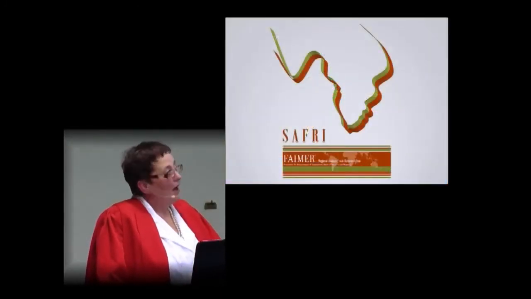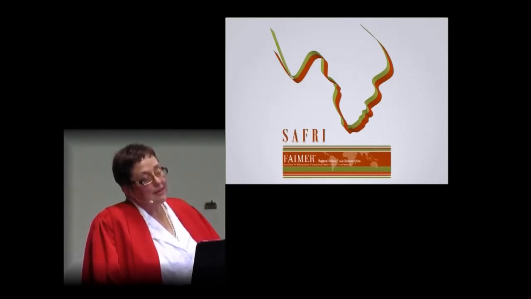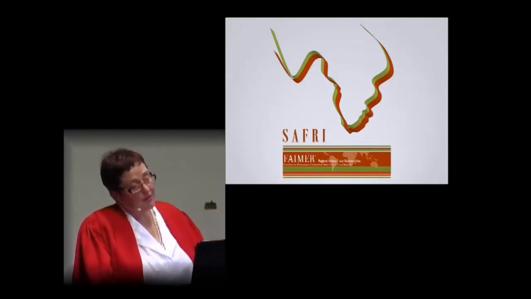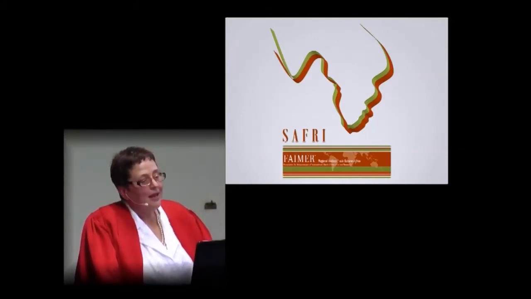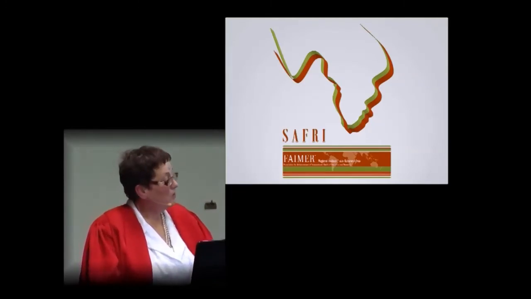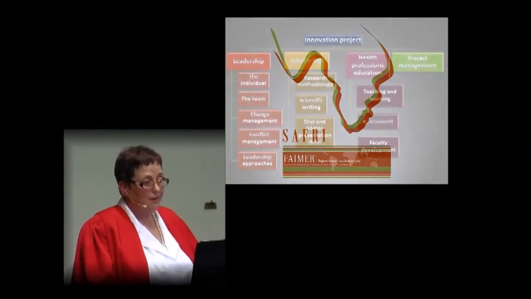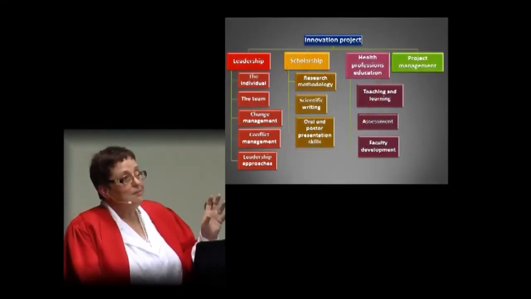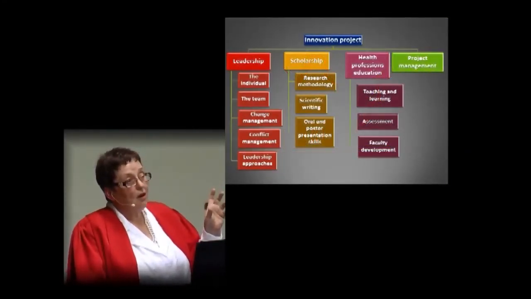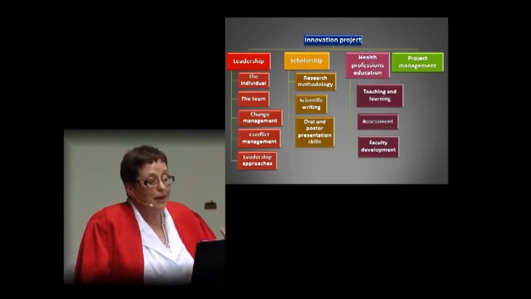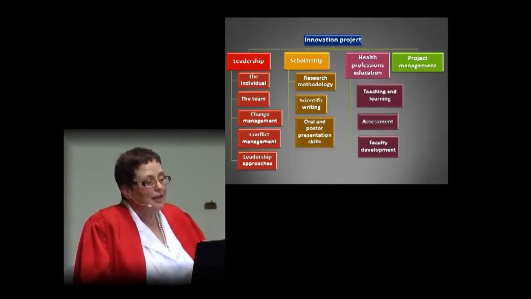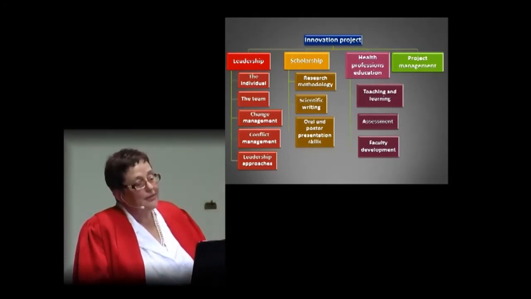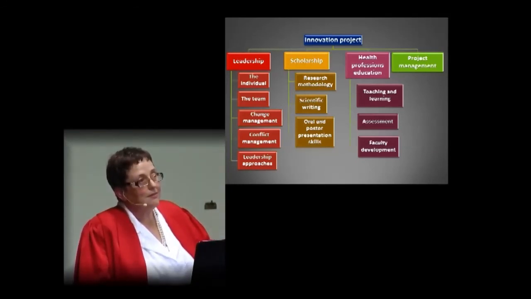So, the concept of communities of practice is at the heart of the next few steps that I want to share with you in relation to SAFRI. And this is the fellowship that we started in 2008 based on a similar model to FAIMER and also funded by FAIMER. And this approach that we use is aligned with the argument that we learn best by being immersed in the messiness and the complexities of activities, projects, and practices.